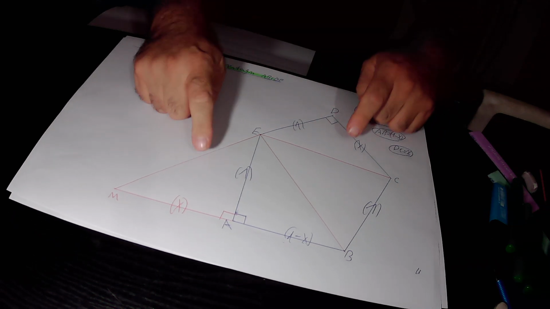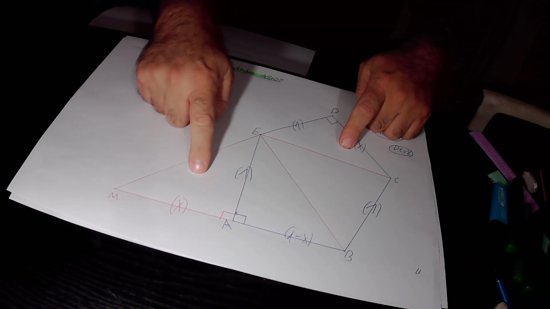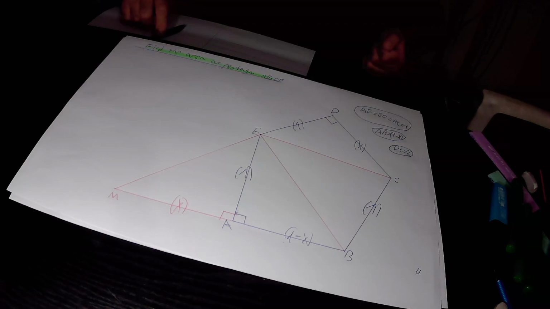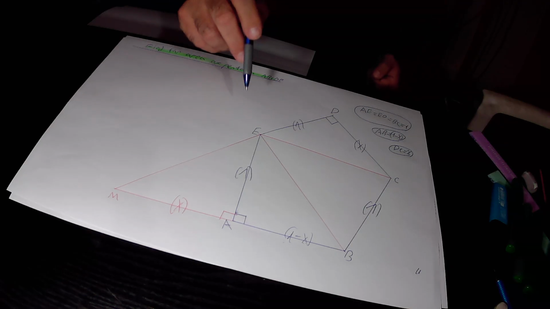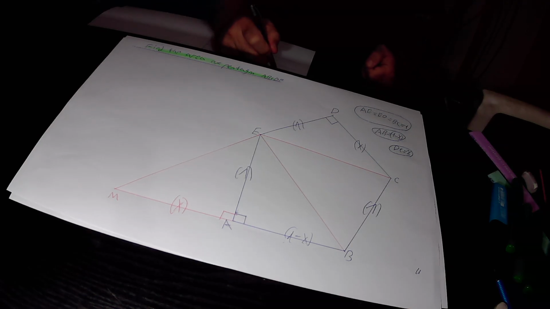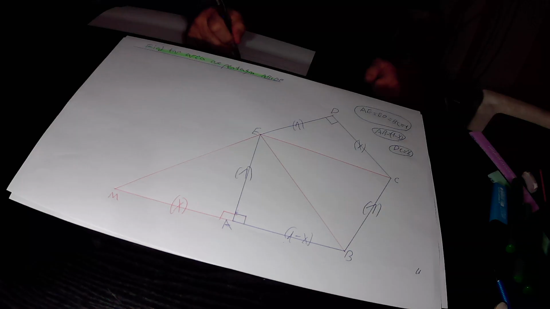So right now we found out that the right triangle EAM can go to the right triangle EDC according to the side-angle-side rule.